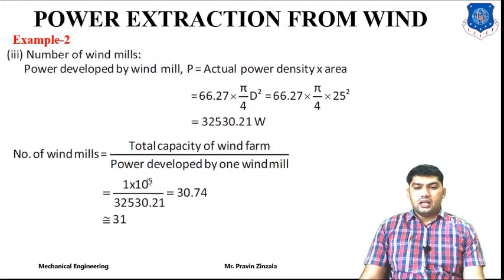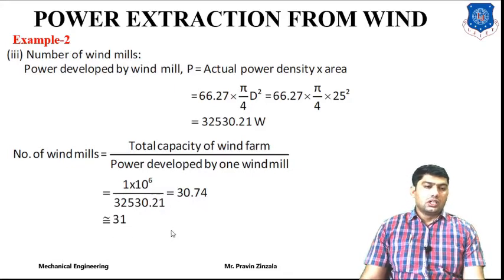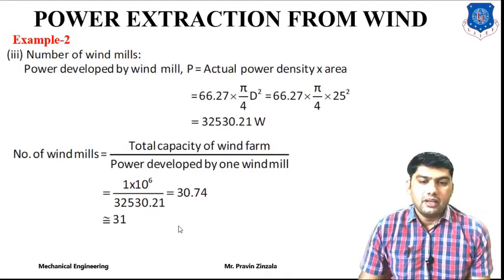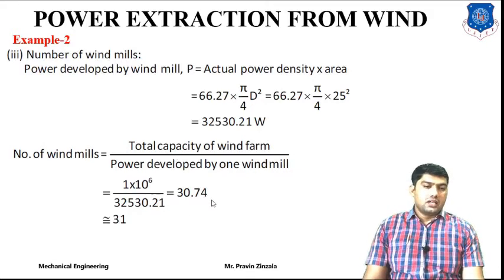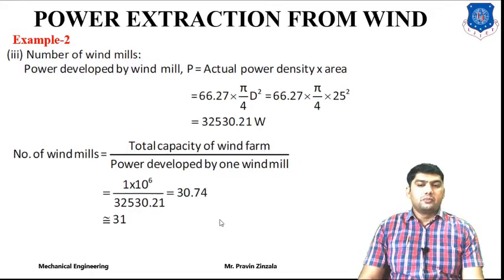In the given data, the total capacity of wind farm is also given, and we have calculated the power developed by one windmill. So we will get the answer 30.74, near to 31 windmills. So for this example, the number of windmills will be 31 for generation of total power.